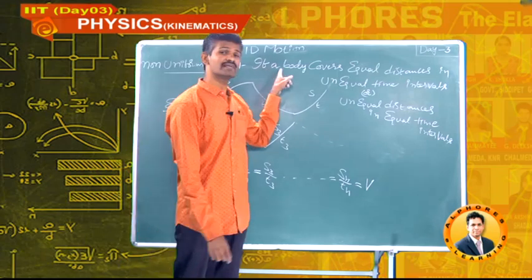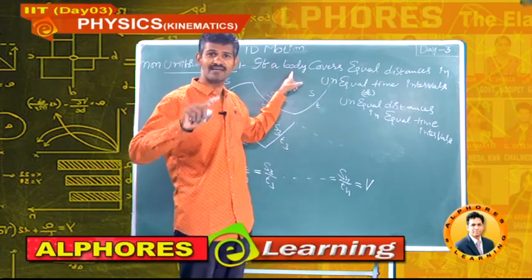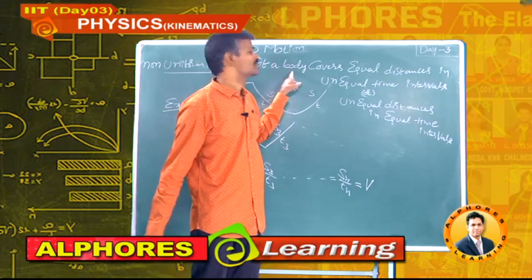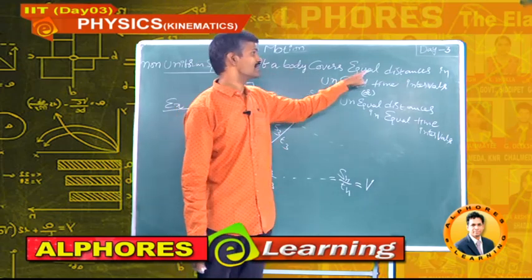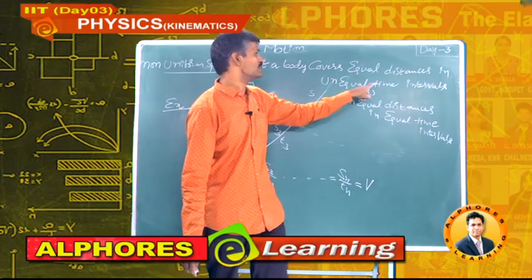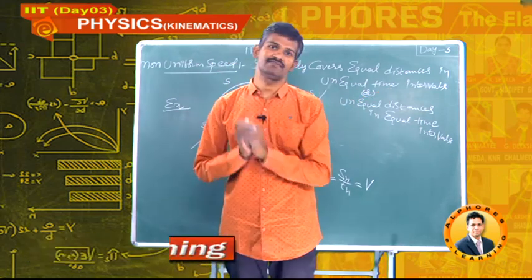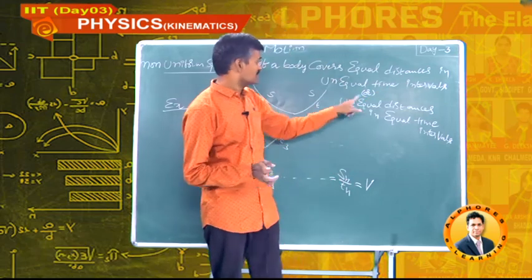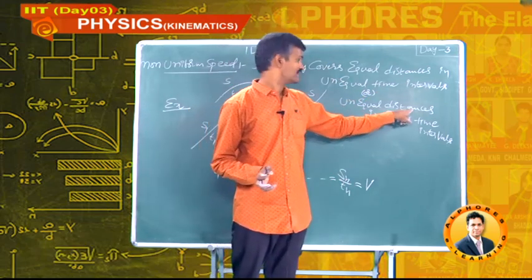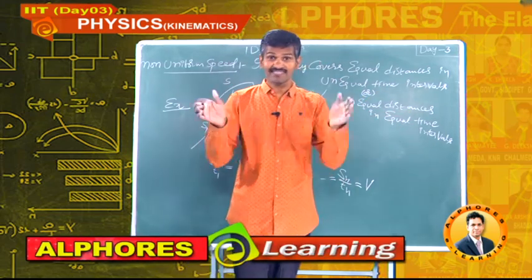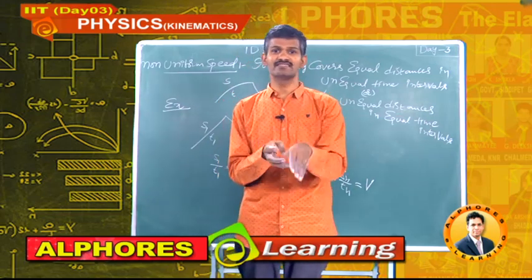So here first follow the basic definition and understand the non-uniformity. If a body covers equal distances in unequal time intervals, if distances are same, then times must be different. If unequal distances in equal time intervals, if distances are different, times must be same.